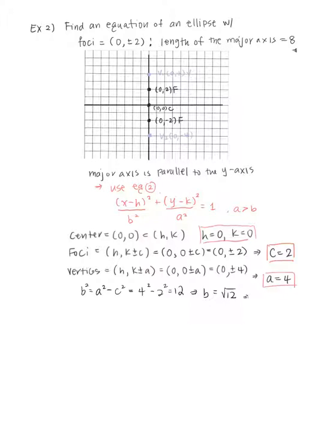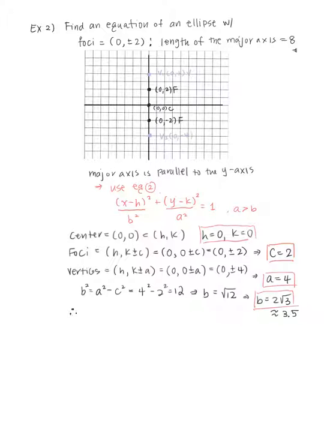Always simplify. So our b is what? 2 root 3, which is approximately, is it 3.5, I think? Alright, I'm just putting the decimal values because I need to plot the points. Now let's write the equation.